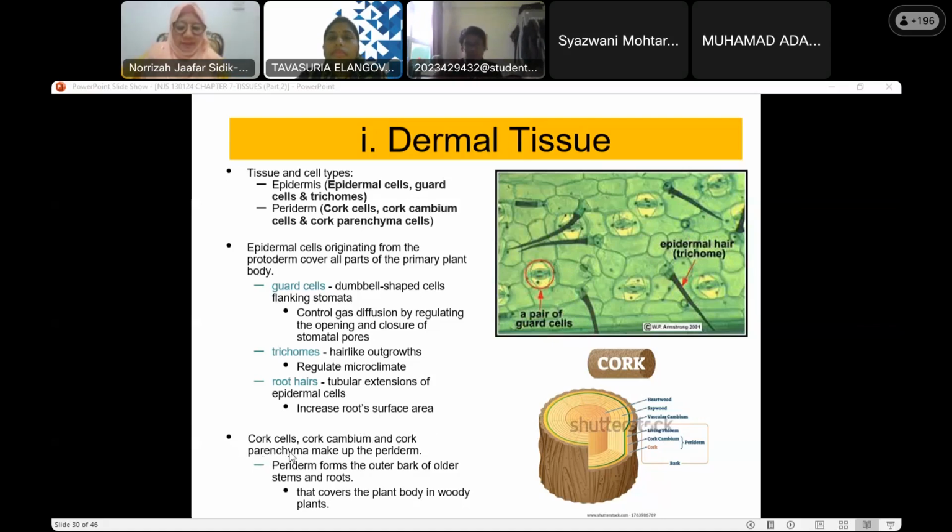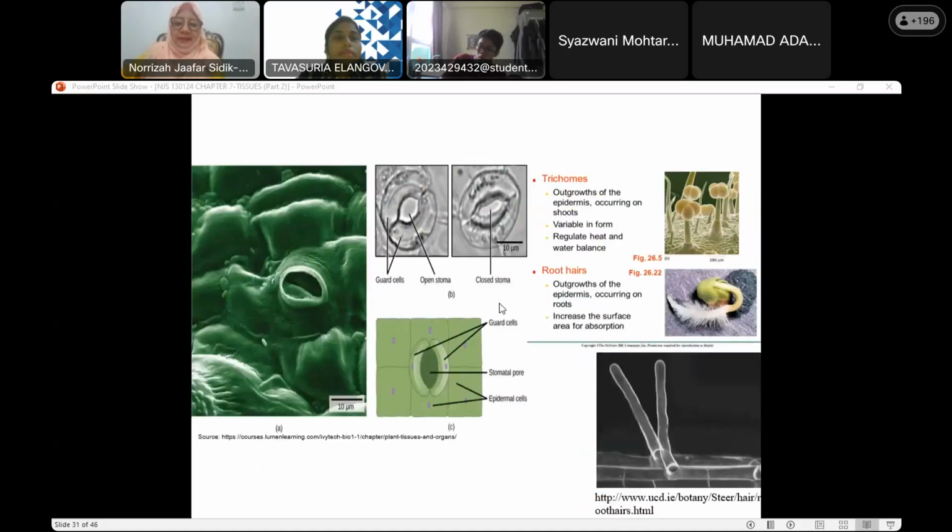Okay, this is about the cork cell. Cork cambium and cork parenchyma make up the periderm, which forms the outer bark of the older stems and roots. So it covers the plant body in woody plants. These are the images of the trichomes.